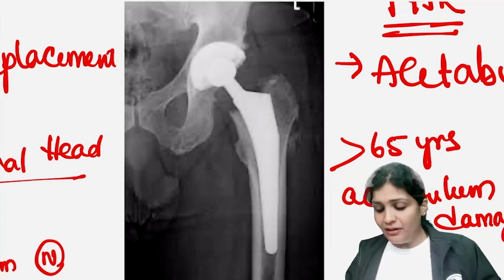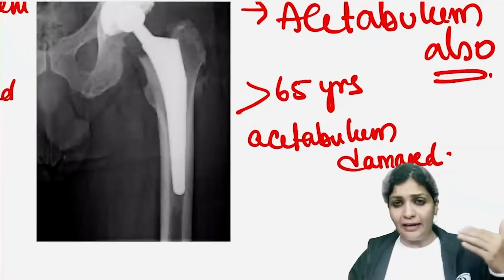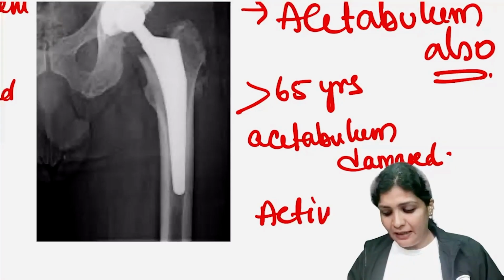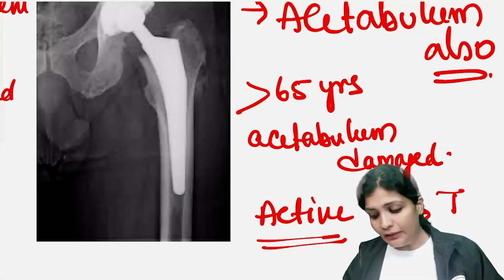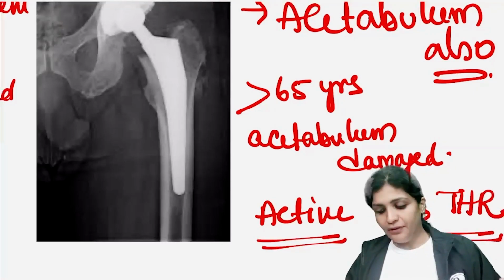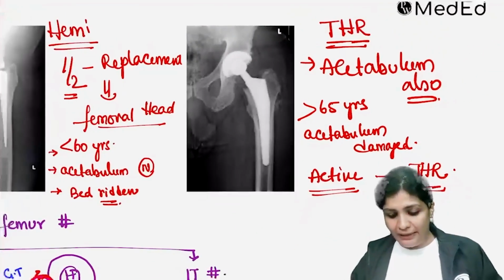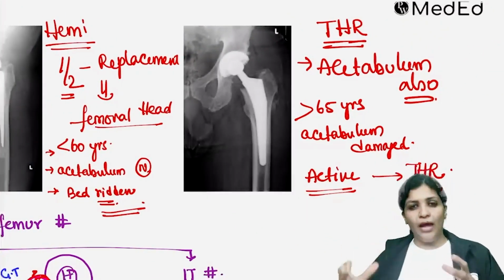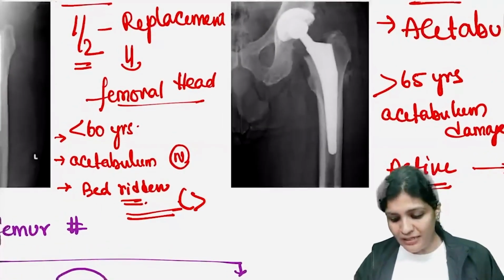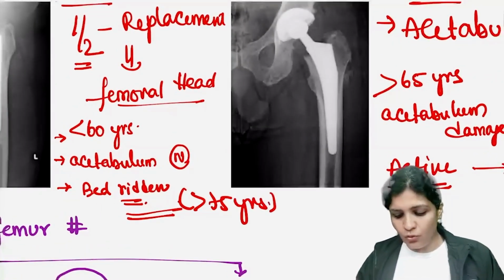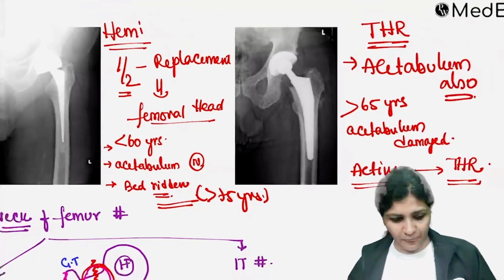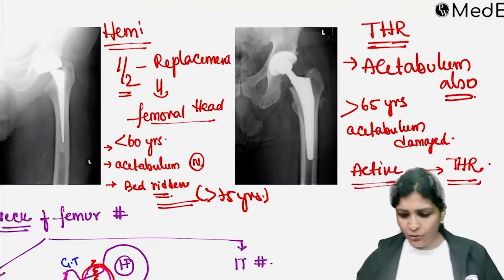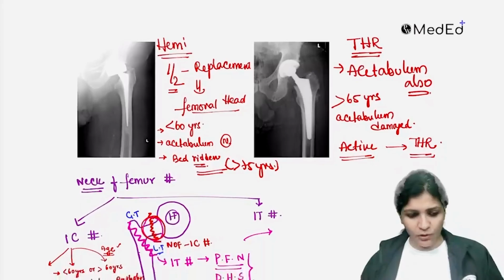And even if they're more than 65 years and a very active personality, highly demanding, then directly you can go for THR, right? If the patient is bedridden, not so active, even if it is more than 75 also, you go for hemiarthroplasty. Hope I made it a little clear for you. If you have any confusion, let me know quickly.